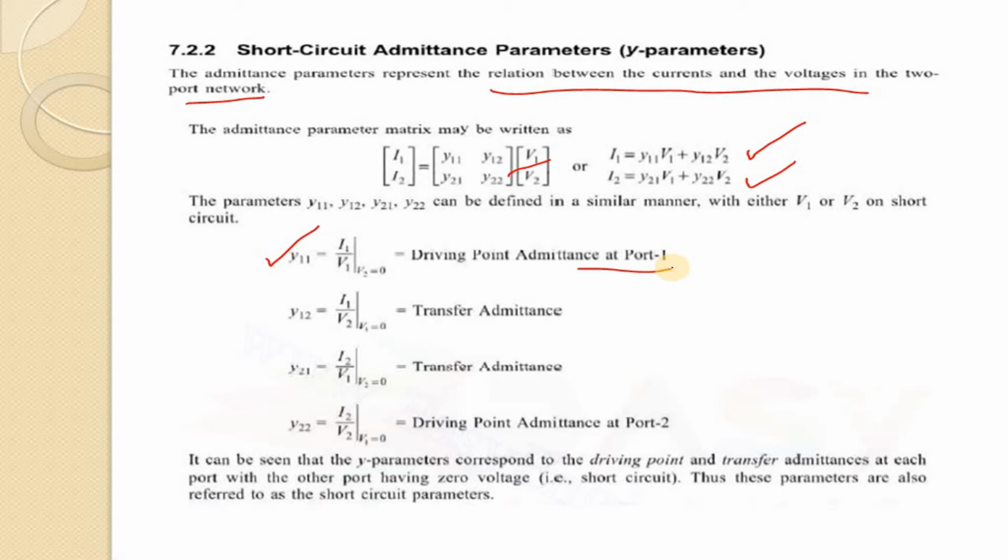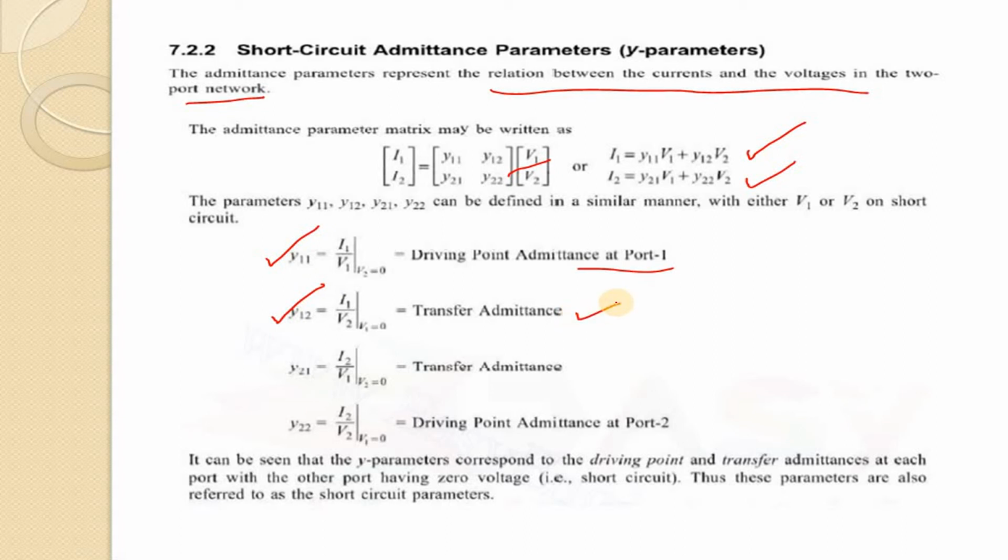Similarly, in equation 1, putting V1 equals 0, we get Y12, which equals I1 by V2 when V1 equals 0, and that is known as transfer admittance.